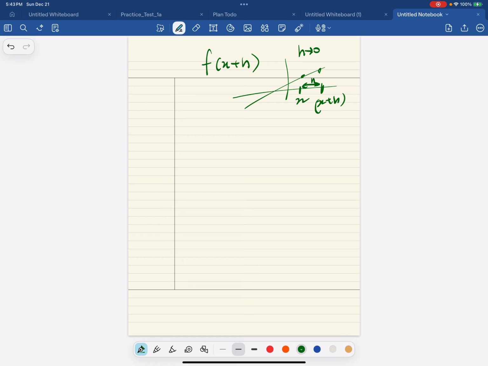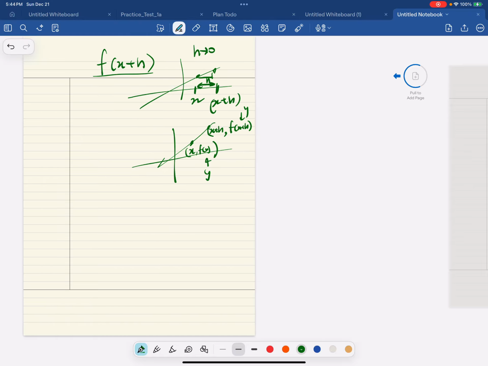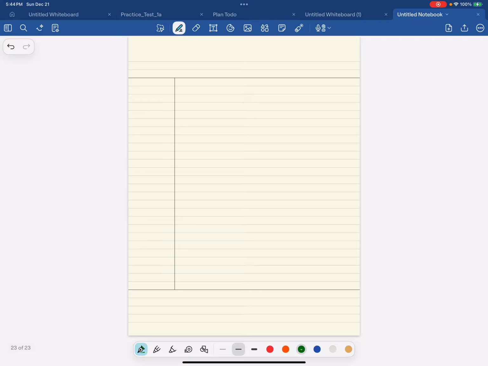The slope that we want to find out, this is x and f of x, because f of x is y. This one is x plus h, and f of x plus h, which is the y. So x plus h is what's going to come into our limit definition. h approaches 0.